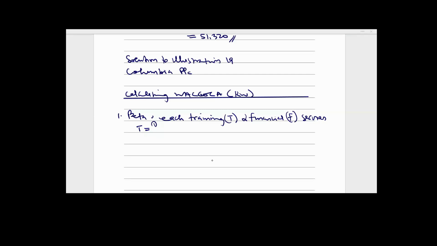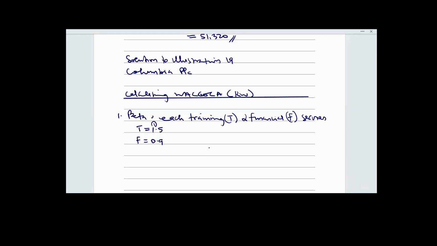In the third paragraph, we are told that the average beta for training is 1.5. So training is 1.5 and financial service is 0.9. So I've identified the beta.